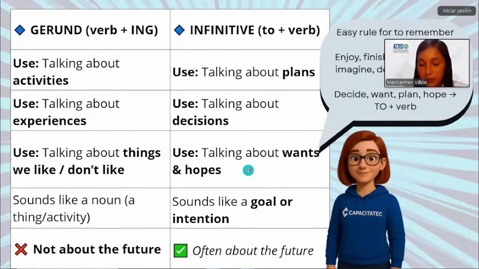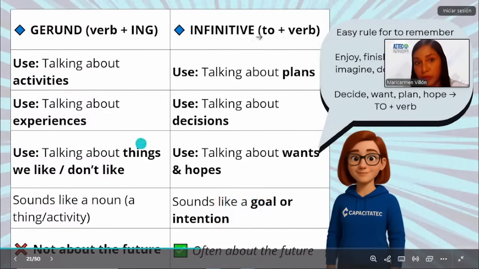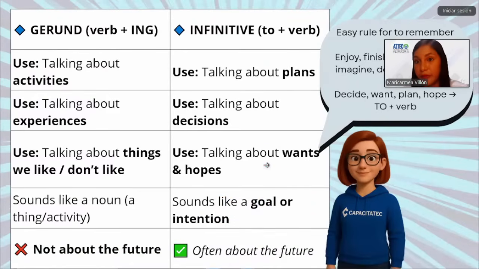Talking about wants and hopes, para cosas que deseamos. ¿Ya? Ok, ahí estamos. Ahí lo moví. Sounds like a goal or intention. Suena como una intención o una meta. Y estas sí son, en cambio, a veces, en su mayoría, sobre el futuro. Los gerundios no. Estas sí suenan más a hablar del futuro.